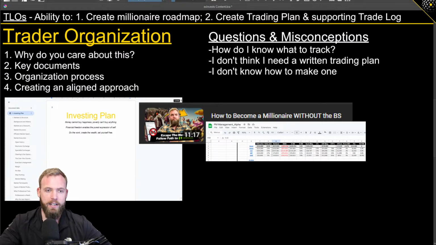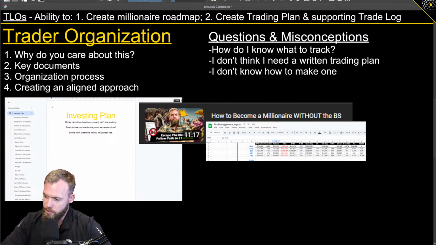That's a bad answer. The way that we figure out what to track is trying to logically think through the inputs that we use when we're making a trade decision, and then creating areas for us to track those inputs. So then we can see if it's something that's relevant, that matters, or if it's something that doesn't matter.